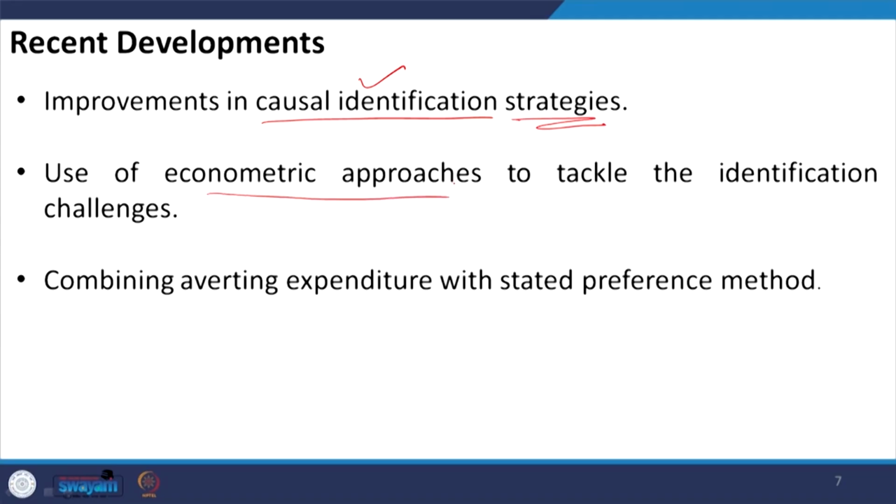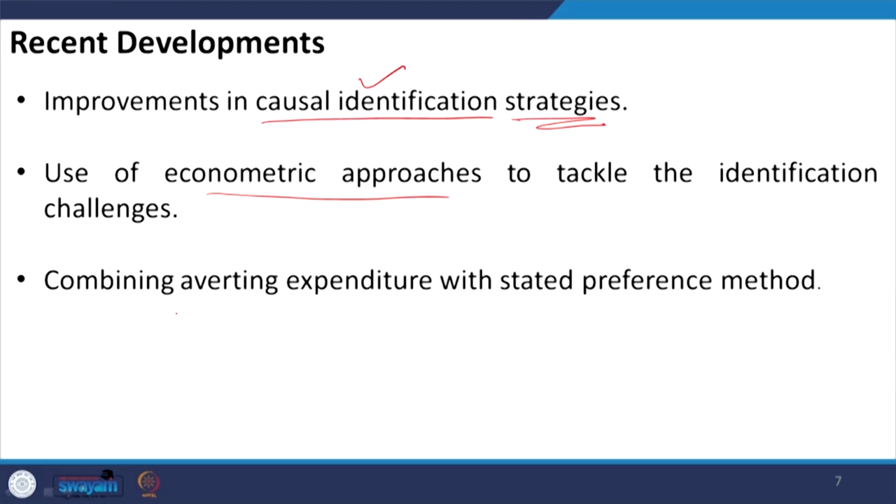Moreover, some econometric approaches have now been developed to tackle these identification challenges. And in the recent literature we are finding a combination of averting expenditure with stated preference, either the contingent valuation survey or choice modeling, in order to evaluate this non-market bad.